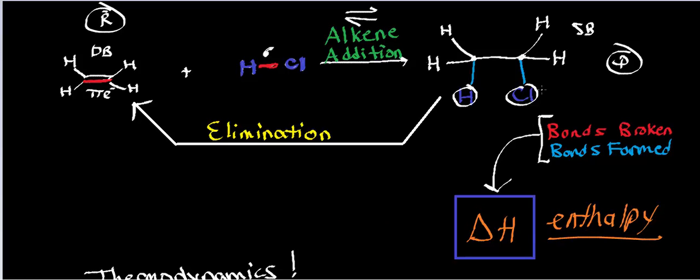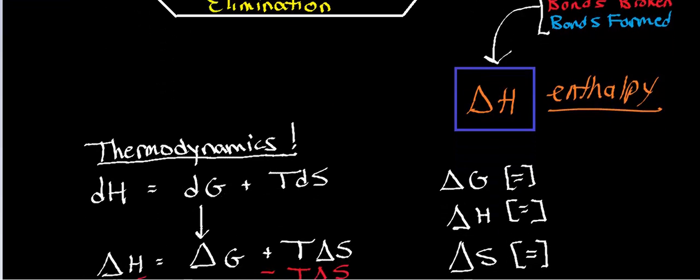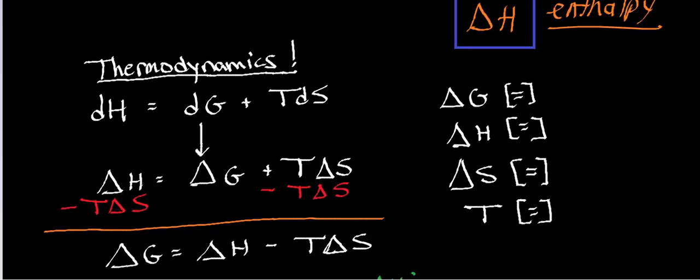Delta H is an approximation of how much energy is released or absorbed in the reaction in terms of bonds being broken and formed. The delta H is going to help us predict which way it's going to go, to the alkene or to the addition product.